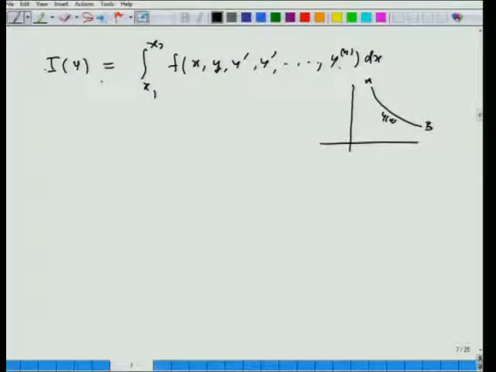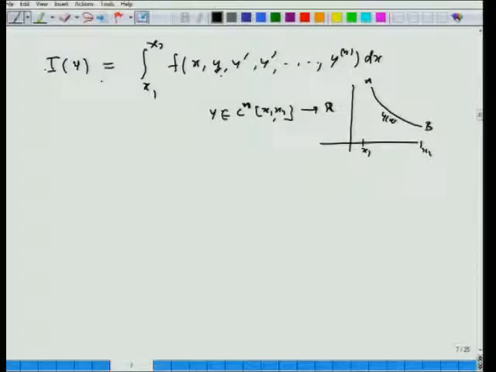So, the admissible class has to be Cn on x1 to x2. So, y has to be in this space of functions Cn. So, up to nth order derivative should exist, and it should be a continuous function from x1 to x2.